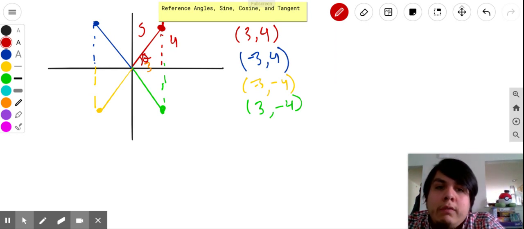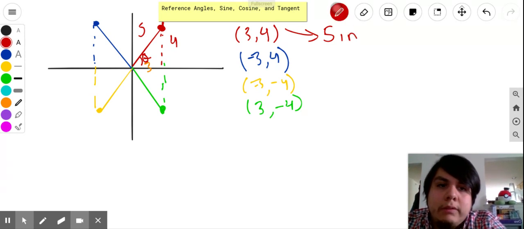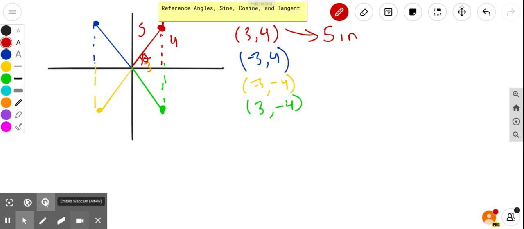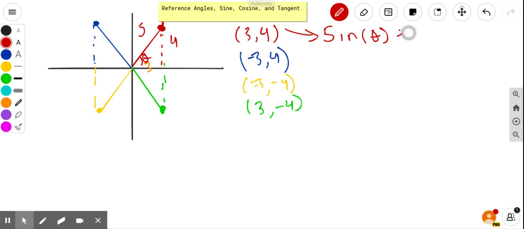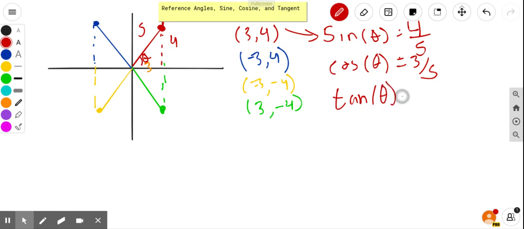So for this angle, the sine of the angle should equal 4/5. The cosine of that angle should equal 3/5, and the tangent of that angle should equal 4/3.